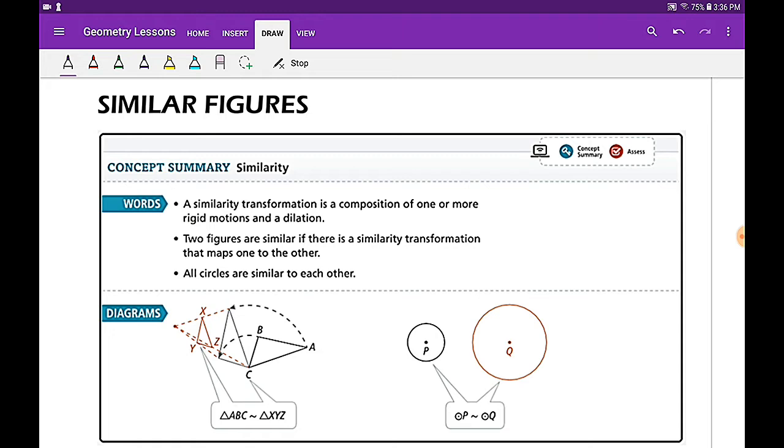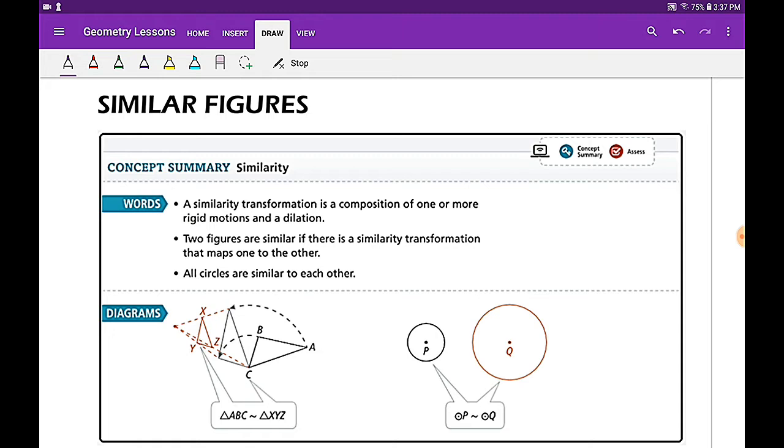We'll talk about circles, believe it or not. Now, let's get down the main concepts about similar figures that we will talk about in this portion of your work this week.